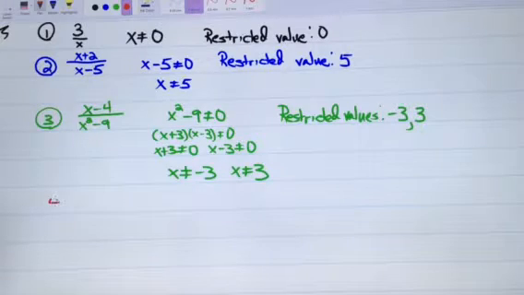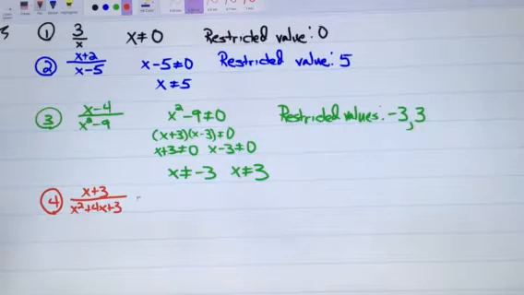And let's say as an additional case, I have x plus 3 all over x squared plus 4x plus 3. And let's say I were to put this in factored form.